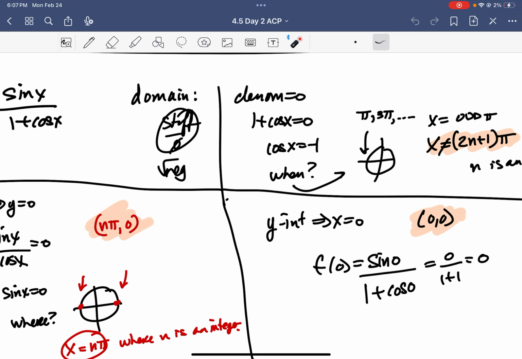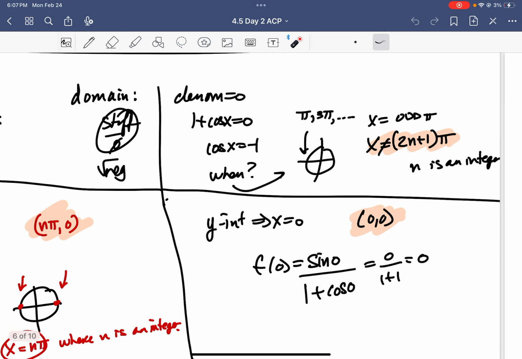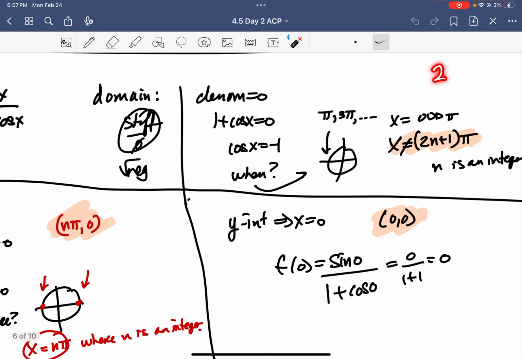Well, I know that cosine is x, so I'm looking on the unit circle for when the x coordinate is -1. So it's going to happen right here at pi, at 3 pi, so at any odd value of pi. So in other words, x is not allowed to be any (2n plus 1) pi, because mathematically 2n, any multiple of 2, is even, like 2, 4, 6, 8.